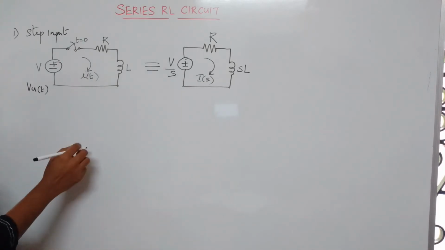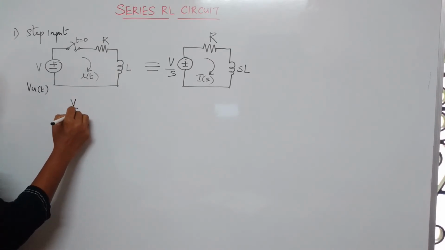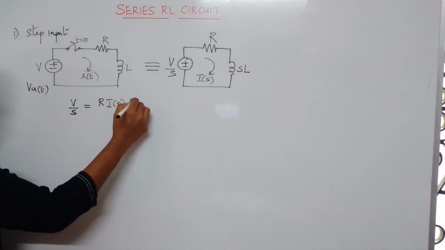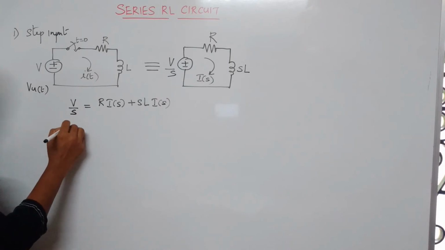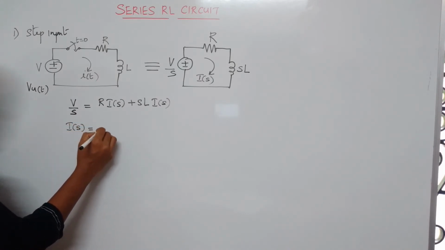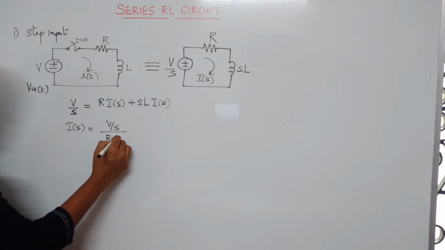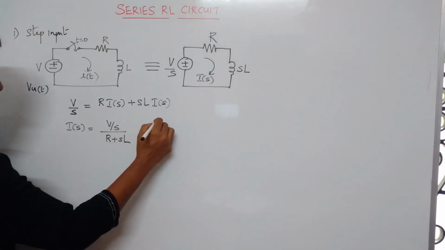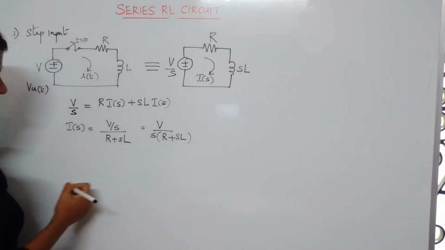Now let's write the KVL equation for this. The equation will be V by S equal to R into I of S plus SL into I of S. Or what will be I of S? I of S will be V by S into 1 divided by R plus SL.